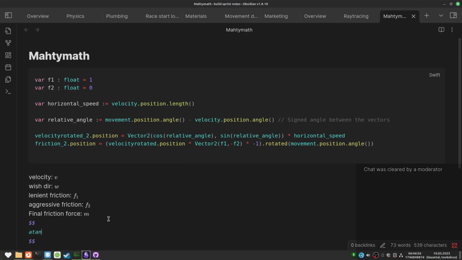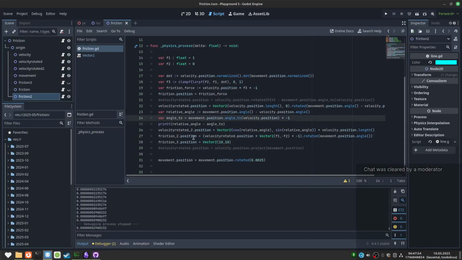Oh yeah, and the Atan is arctan. I don't think arctan2 is a function that we have in math. Okay, let's do normal arctan. Actually, I'm interested.